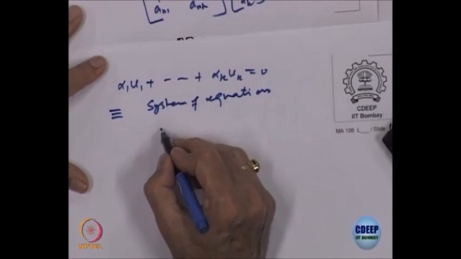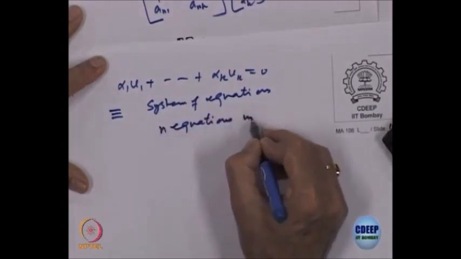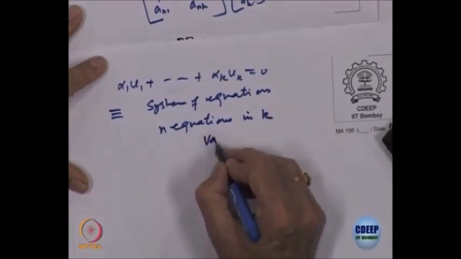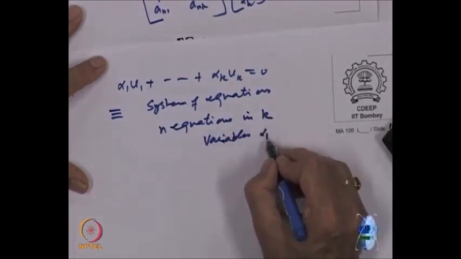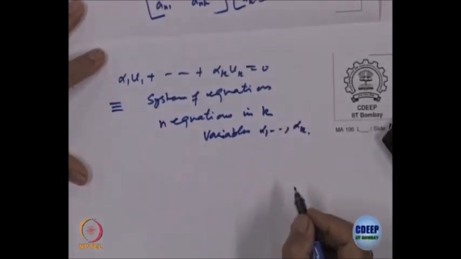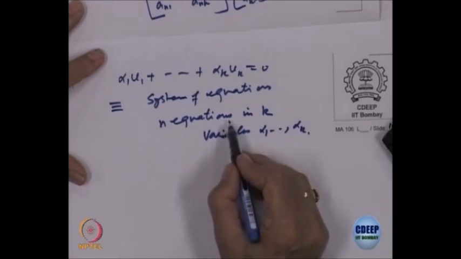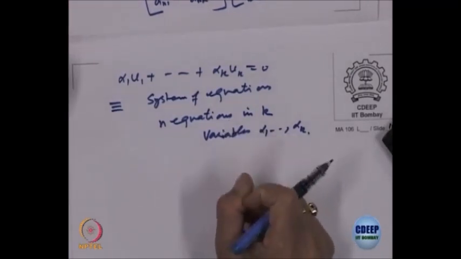We have got n equations in k variables. What are the variables? The k variables alpha 1 up to alpha k. So n equations, and when does a system of equations have a non trivial solution? It is a homogeneous system, so it always has the solution 0. When does it have a non trivial solution?